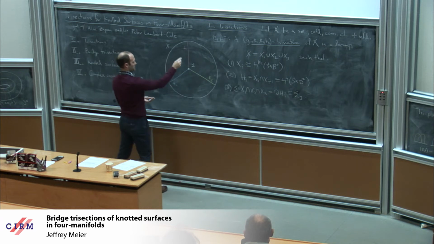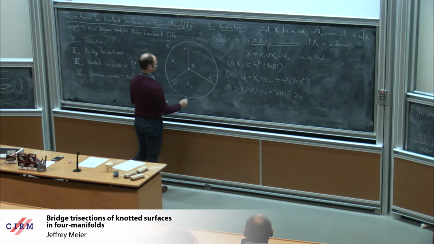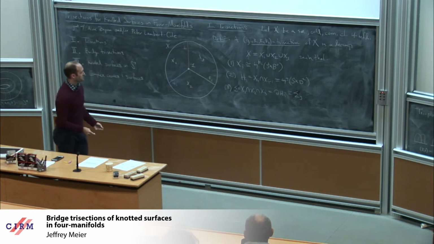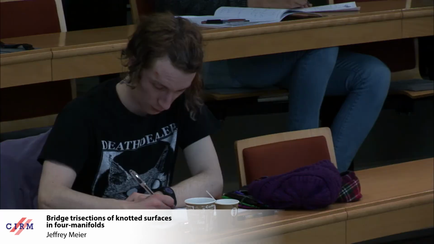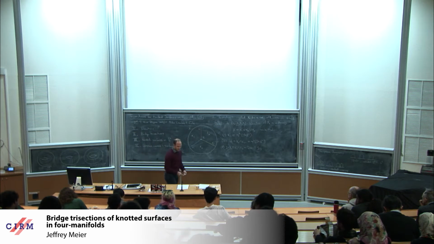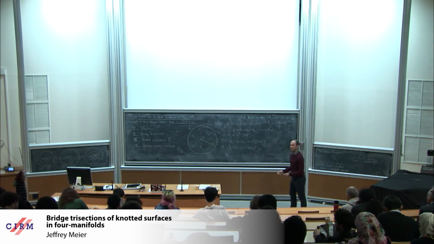And these handlebodies together bound standard pieces X1, X2, and X3. Okay. So that's the basic definition of a trisection of a four-manifold. Any quick questions?